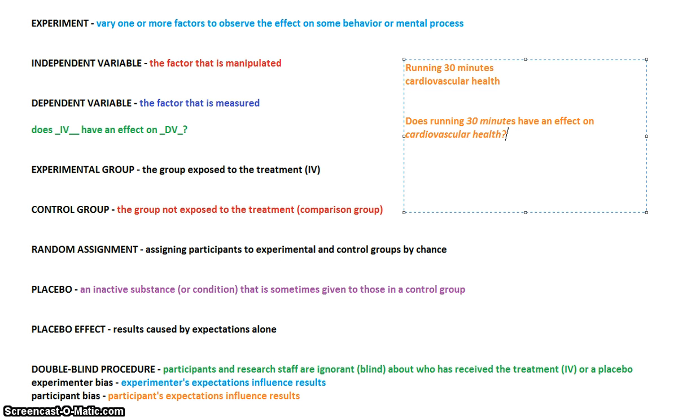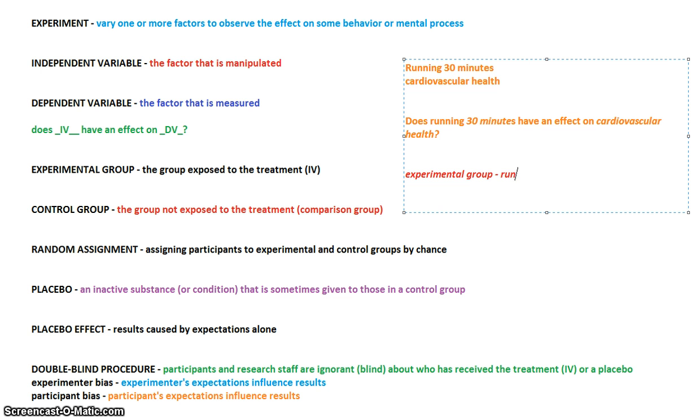So we know that the independent variable has to be the running 30 minutes because that comes first, and we know that cardiovascular health is the dependent variable. And so what's the experimental group going to get? The experimental group gets the treatment, which means the experimental group has to run. They have to run the 30 minutes because they are getting screwed with.